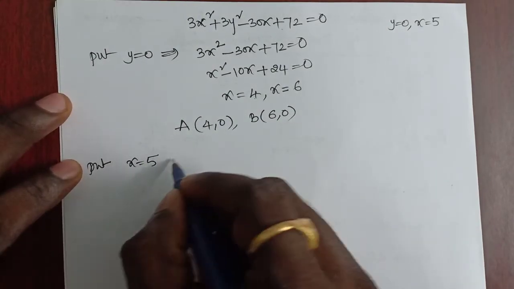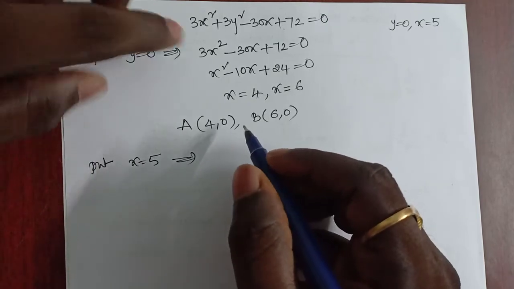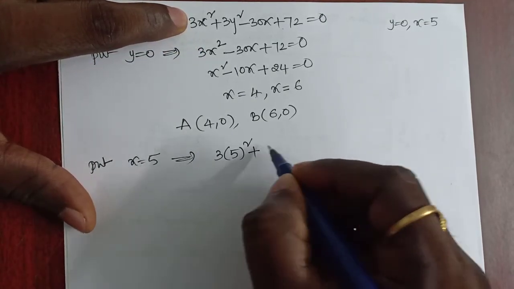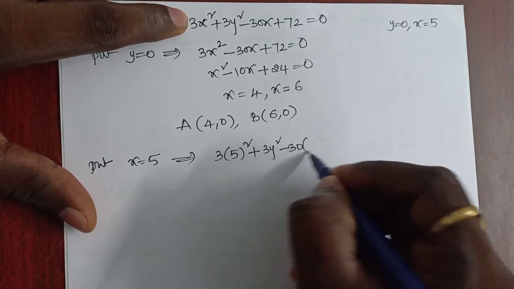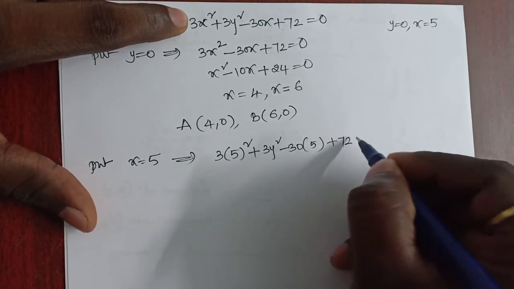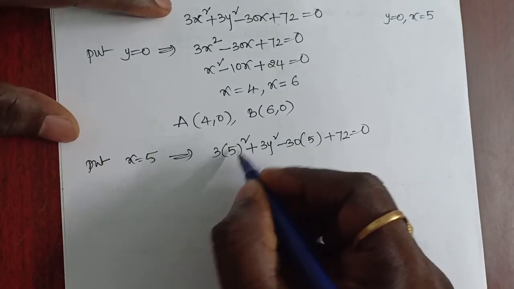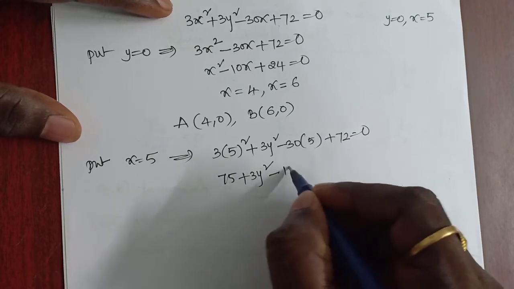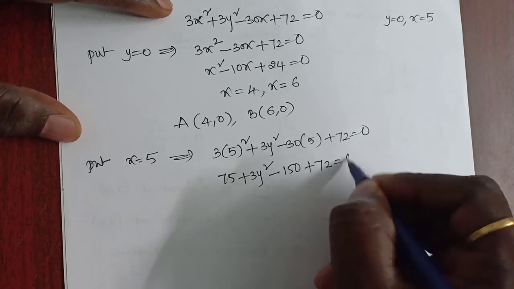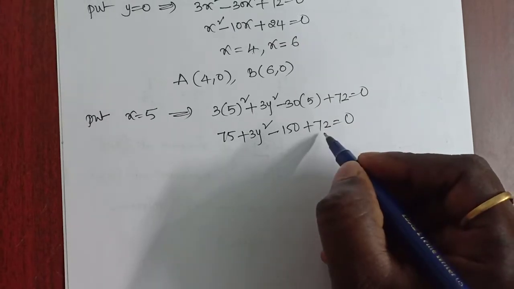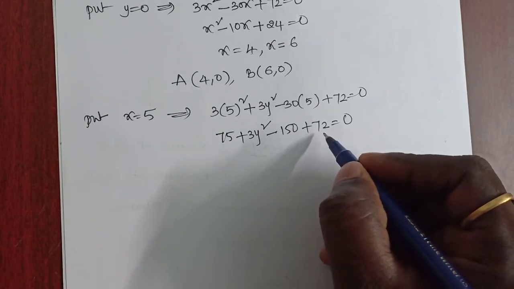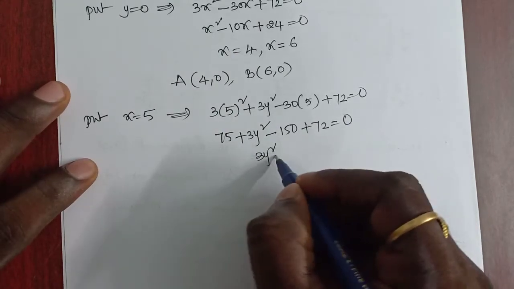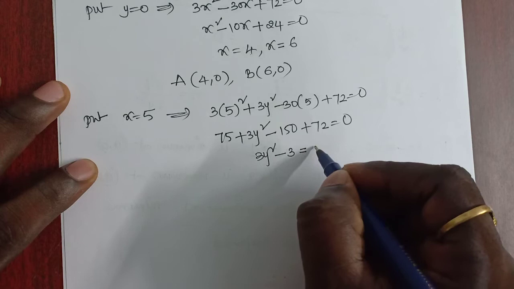So x equal to 5, so what we get? So 3 into 5 whole square plus 3y square minus 30 into 5, plus 72 equal to 0. So 5 square 25, 25 3s are 75, plus 3y square minus 150, plus 72 equal to 0. So 75 plus 72, which is 147, so 147 minus 150, so 3y square minus 3, clearly it is equal to 0.